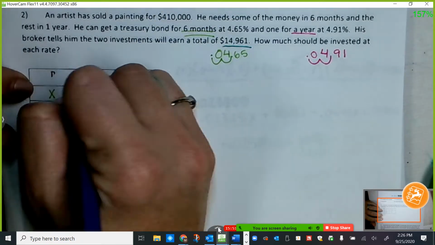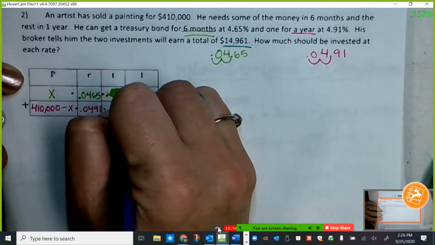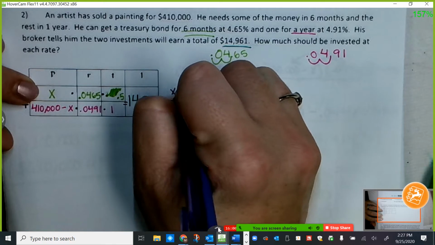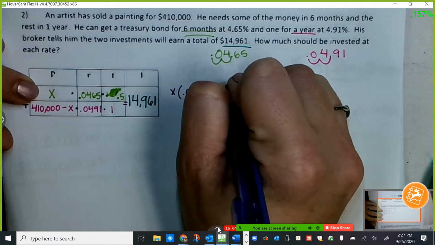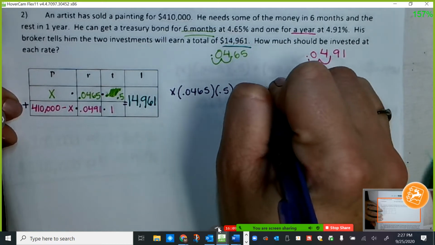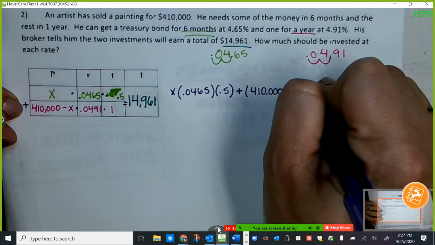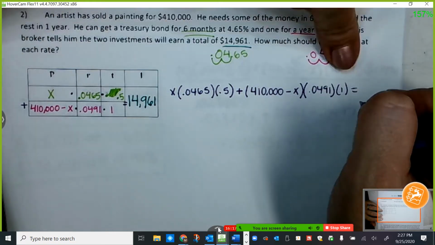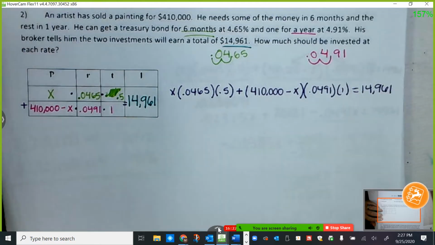So when we write that out, remember, we multiply p times r times t plus p times r times t equals interest. So x times 0.0465 times 0.5 plus 410,000 minus x times 0.0491 times 1 equals 14,961.